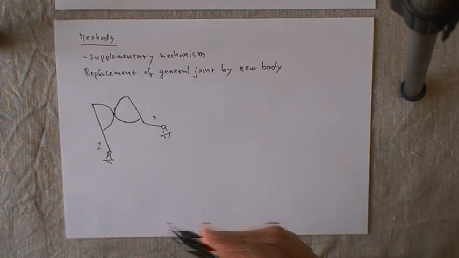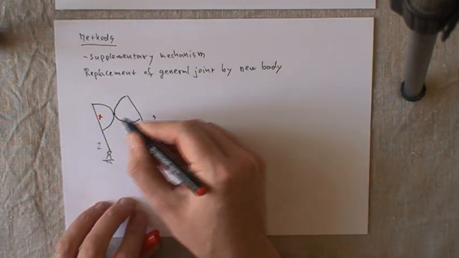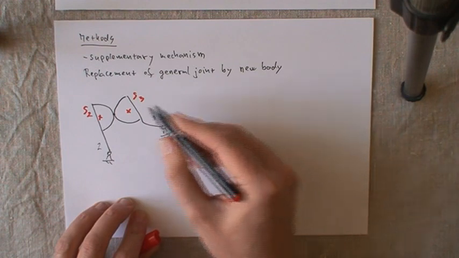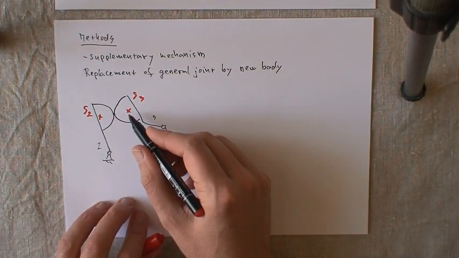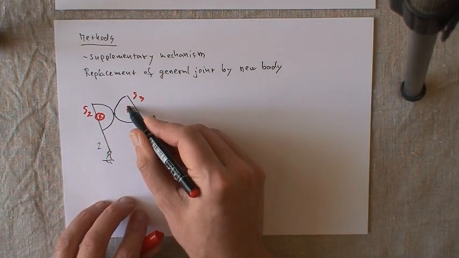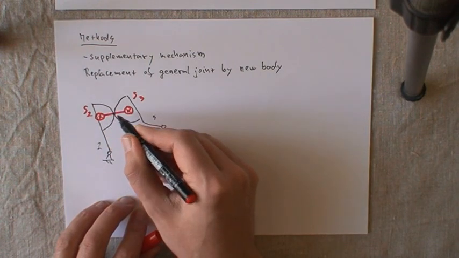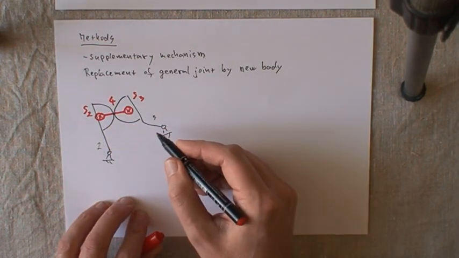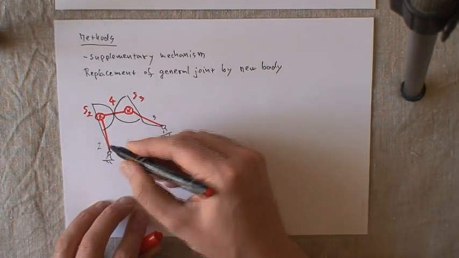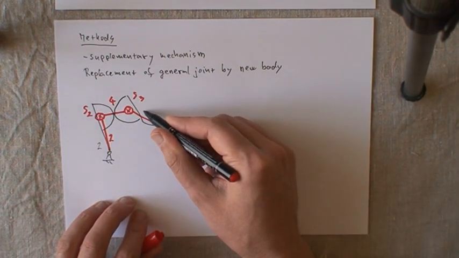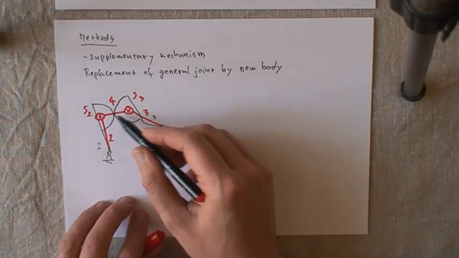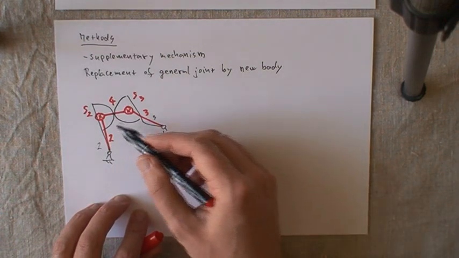Both these curves have a certain center of curvature. So this is S2, this is S3, and this new body that we will add in here has, in this case, rotation links. So this will be our new body number 4, and the rest is the same. So we can replace it with this. So this will be our new body number 2, our new body number 3. And this cam mechanism then changes into this 4-bar mechanism.